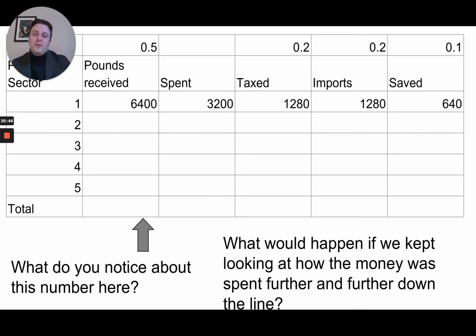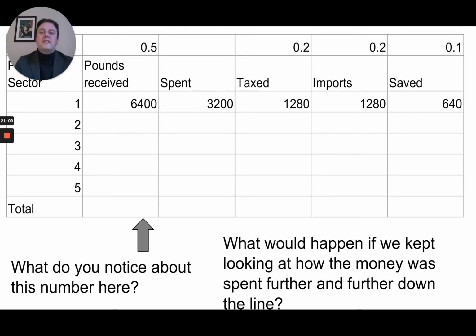So we could fill that along here into the spent 3,200. I'm going to be taxed 20%, which is 1,280. I'm going to spend 20% on imported goods, which again is 1,280. Keep it simple. And I'm going to save 10% of my income, which is 640.